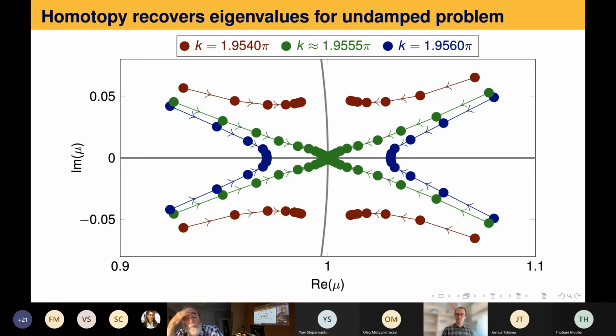The maroon is just below k equal to 2 pi, and the eigenvalues are very close to the unit circle. Then the green is at what I'll call the second cutoff, and there all of the eigenvalues coalesce at 1. And then the blue is just above that second cutoff, and the eigenvalues are moved onto the positive and real axis. So what we found here looks like embedding. It's a very special form of embedding because it's into the continuous spectrum, which defines decaying ambient waves.